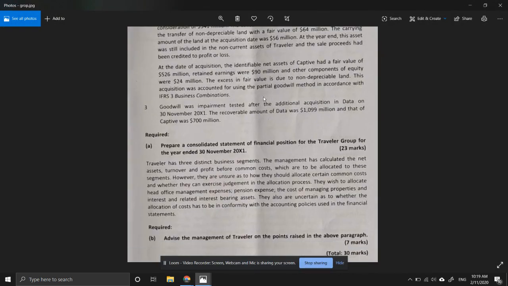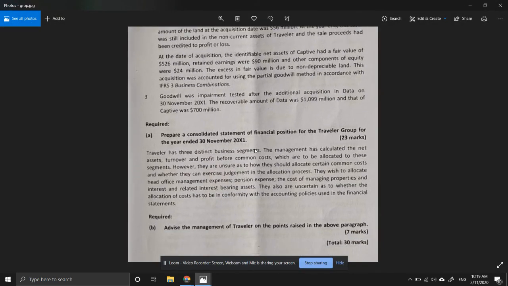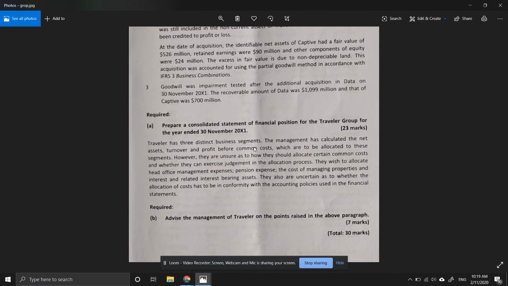What are we required to do? Next is management of Traveler on the points raised above. Distinct business segments, the management has calculated the net assets, turnover, profit before common tax which are allocated to these segments. However, they are unsure whether they should allocate certain common costs, whether they can exercise judgment in the allocation process.